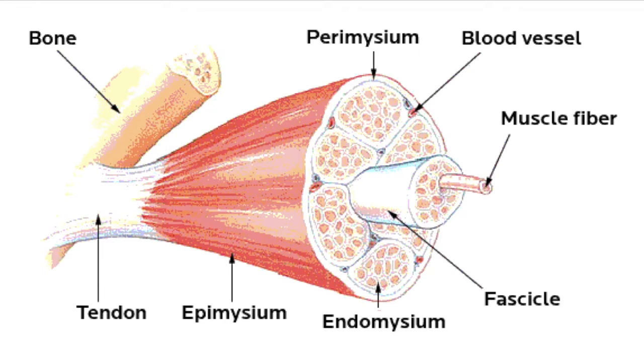Now the epimysium is a covering. The perimysium is also a covering, but this covering is going to cover each of the fascicles, and a fascicle is a bundle of muscle fibers. And over each muscle fiber we have the endomysium.